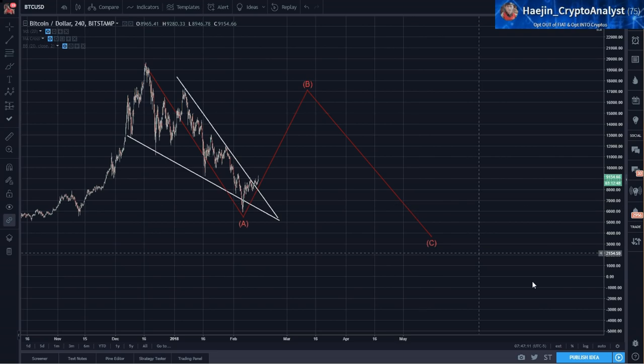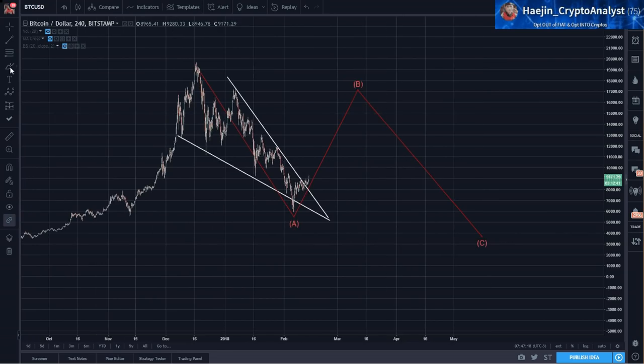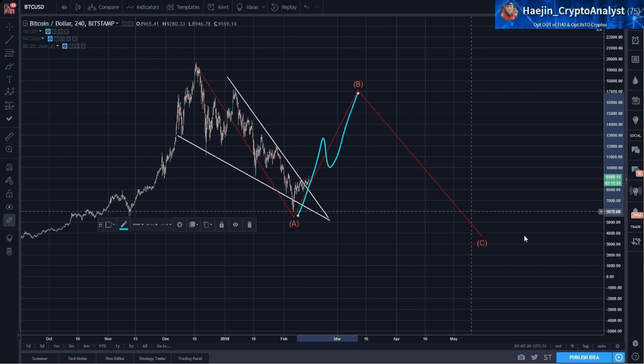What I'll be looking at is the type of rise that we have. If we get a very three-wave-ish looking rise, that clearly is indicative of a B wave. If we see this happening, profits should be taken here. This will be like one more last call to get out and raise a lot of cash.